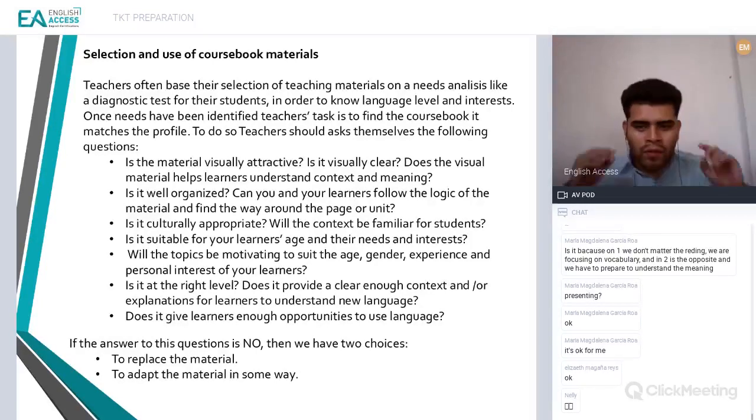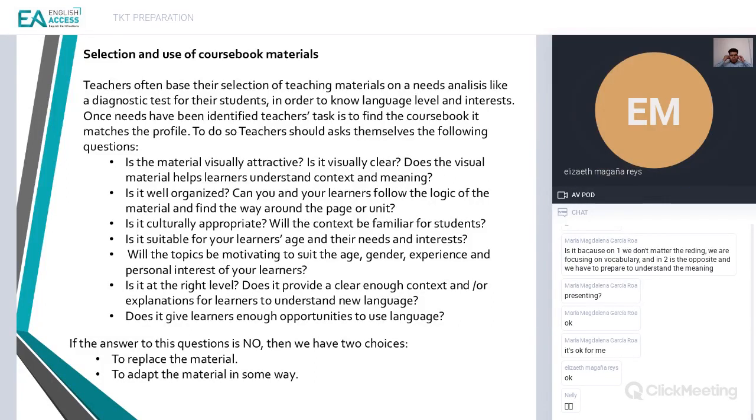Teachers often base their selection of teaching materials on a needs analysis like a diagnostic test for their students in order to know language level and interests. Once needs have been identified, the teacher's task is to find the coursebook that matches the profile. To do so, teachers should ask themselves the following questions.